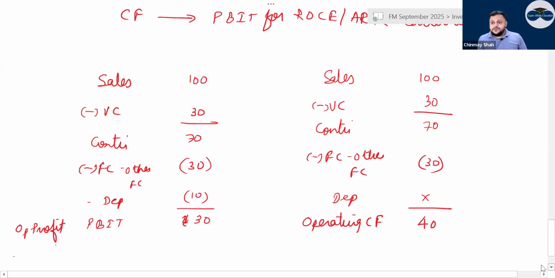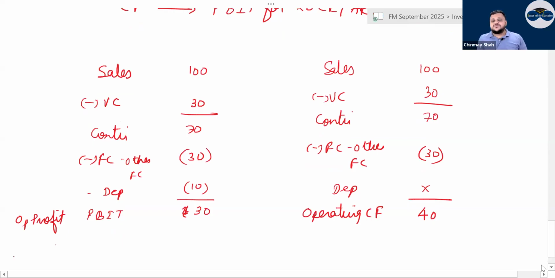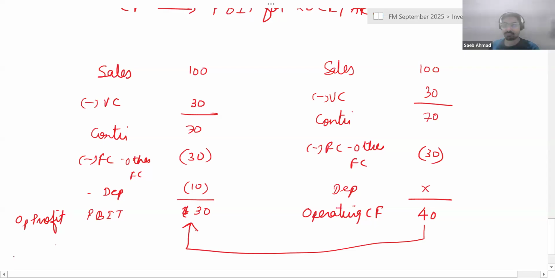So if in a question operating cash flow is given to you and you are told to go to PBIT, how will you go? What is the one thing that cash flow does not have but PBIT has? Depreciation. So from 40 to 30, will you deduct 10 or add 10? Deduct 10.